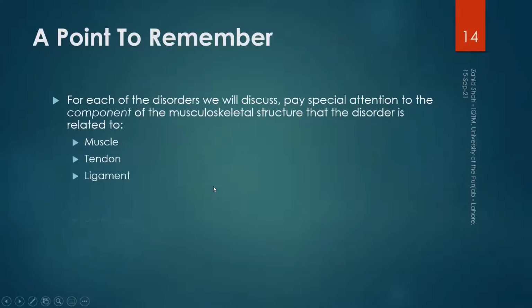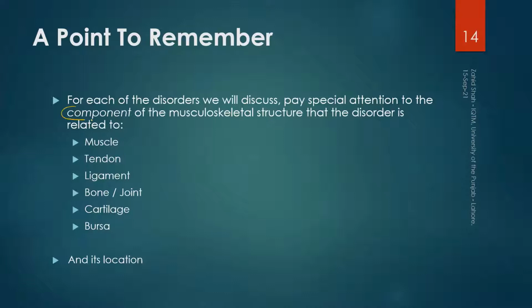So we will discuss some common WMSDs, and if you remember this point, it will make it very easy for you to understand different disorders. For each of the disorders we will discuss, pay special attention to the component of the musculoskeletal structure that the disorder is related to, whether it relates to the muscle, tendon, ligament, bone or joint, cartilage, bursa, etc. And secondly, the location of that disorder.